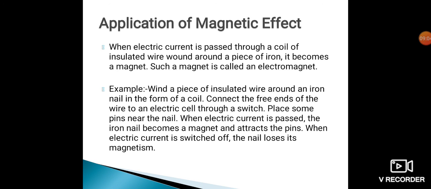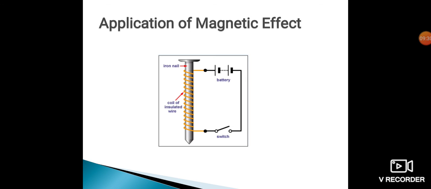All the pins placed surrounding the iron piece will get attracted because of the magnetic field. As you switch off the power supply, the pins will get released because the current flowing in the circuit is zero, and hence it loses its magnetism. So this is the experiment that you can perform.